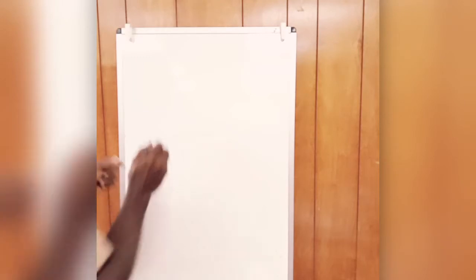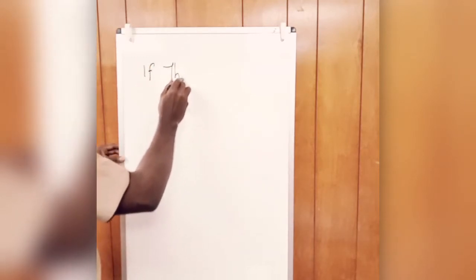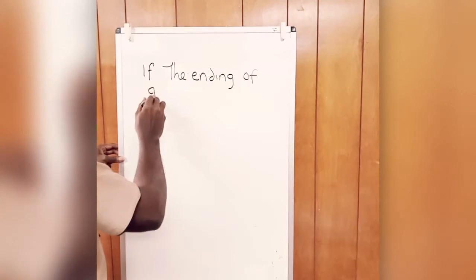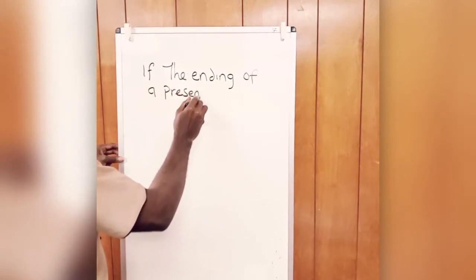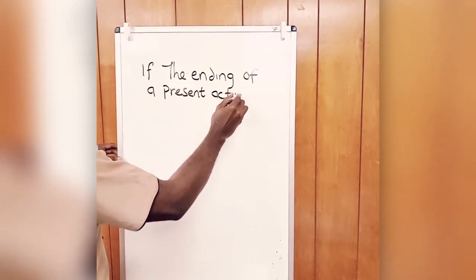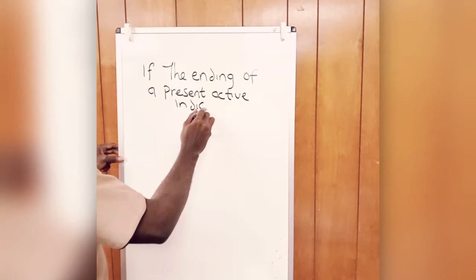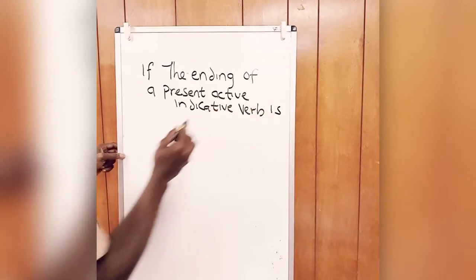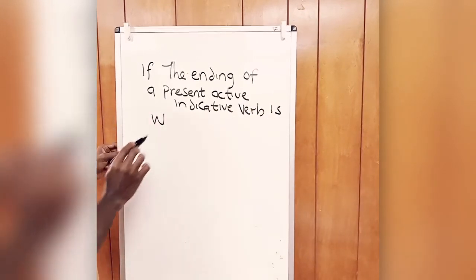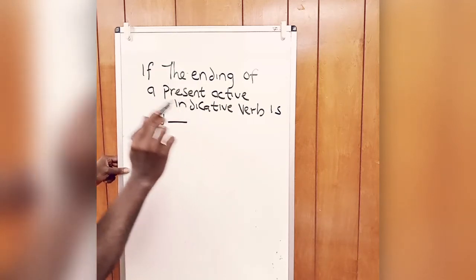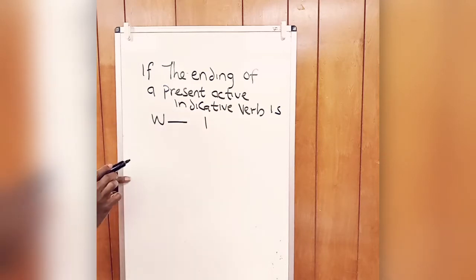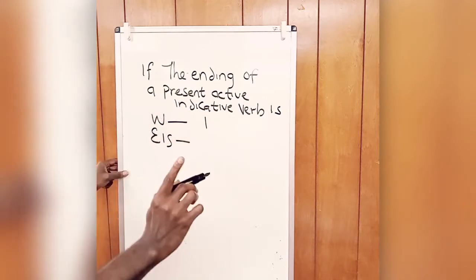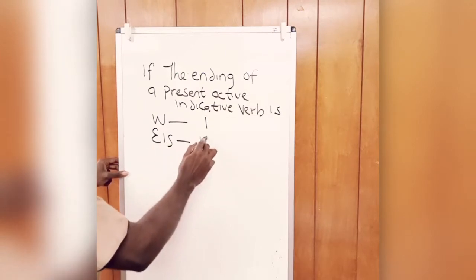So in order to clarify this, if the ending of a present active indicative verb is omega, it simply means that the subject of the sentence is I. If the ending is is, it simply means that the subject of the sentence is you singular.